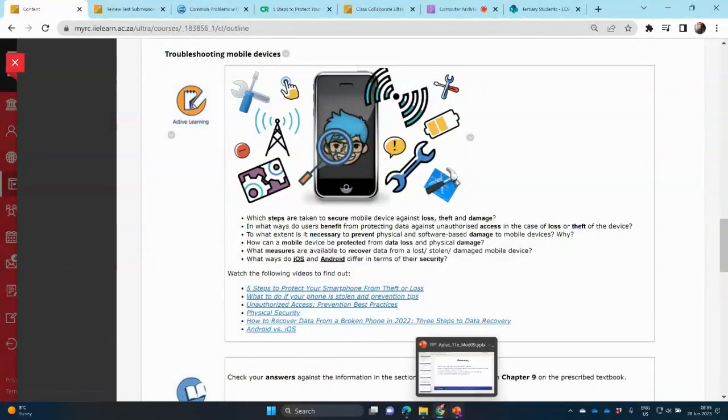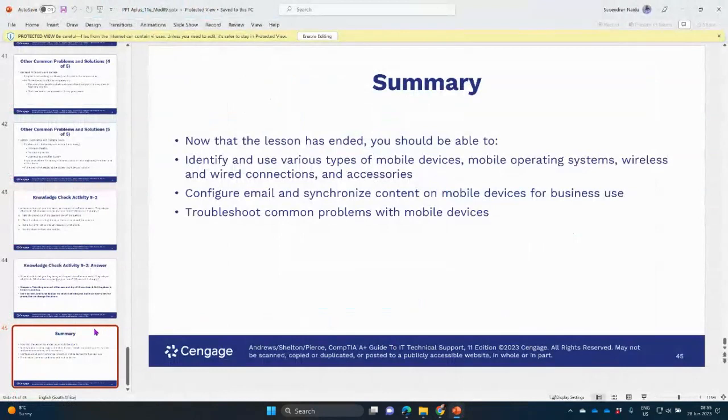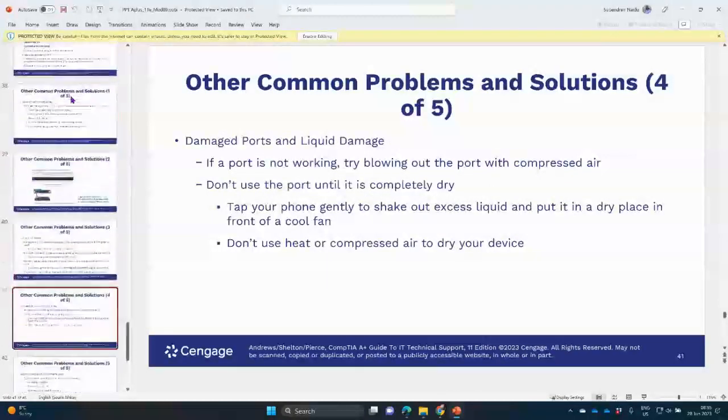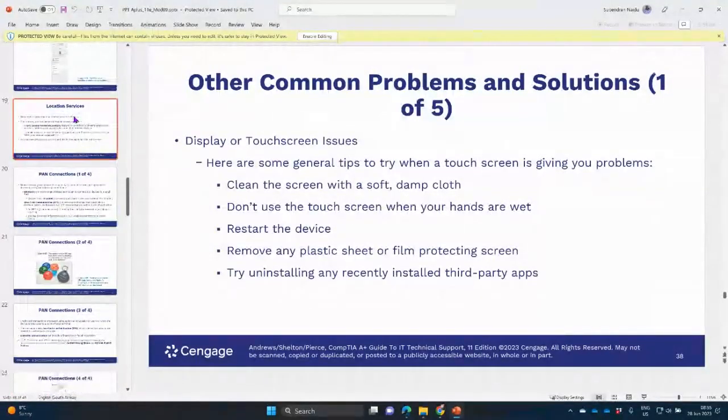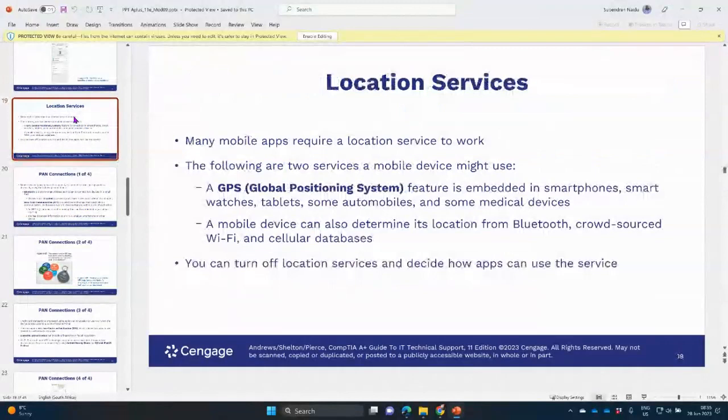Where else? In troubleshoot, identify, did they talk about configure email, operating system, wireless connections? So I don't see anything here about securing and then about theft. So this was mainly about troubleshooting, location services.